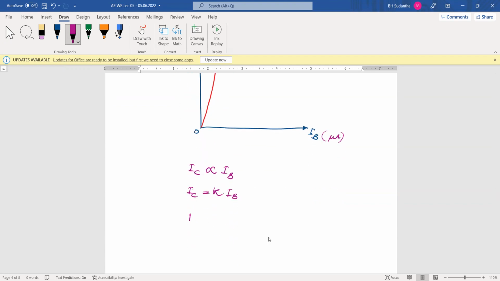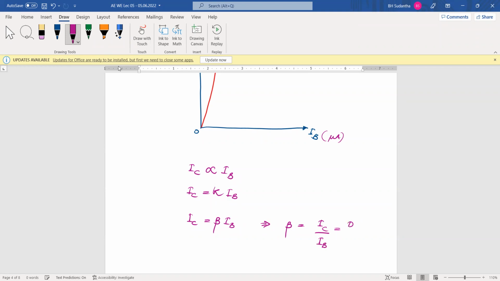Here we say IC is beta times IB. Then what is beta? Beta is IC divided by IB.